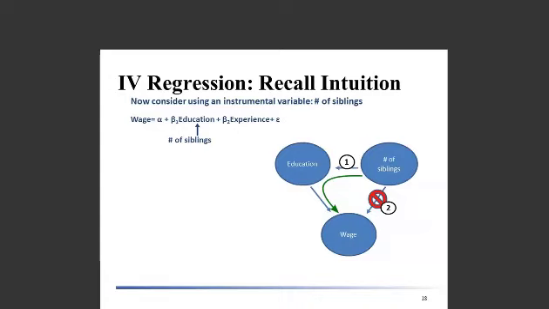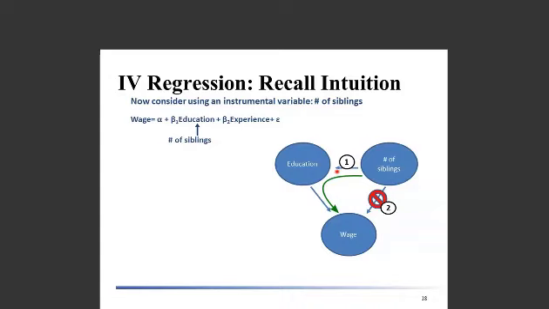So recall our intuition and how we want to think about the endogeneity problem. Consider using an instrumental variable, the number of siblings. Number of siblings is being used here to instrument for education. The relevance assumption that we're making here is that siblings are correlated with the number of years of education, in the sense that parents with more kids cannot provide a high level of education for each of them.